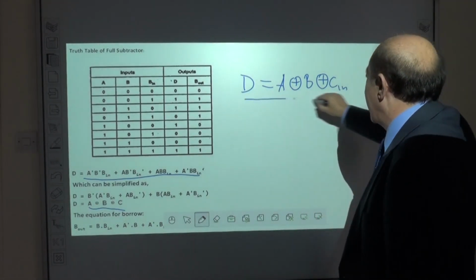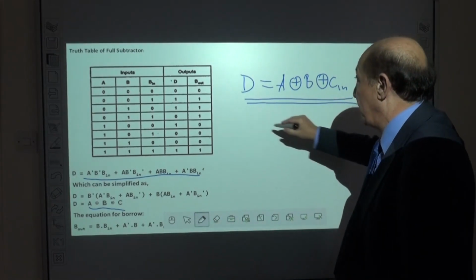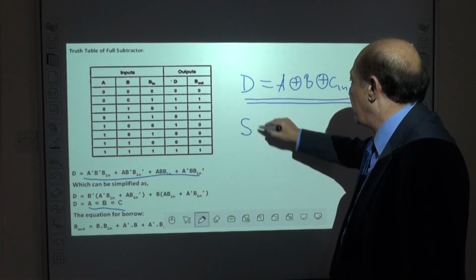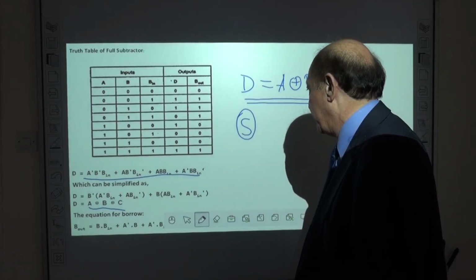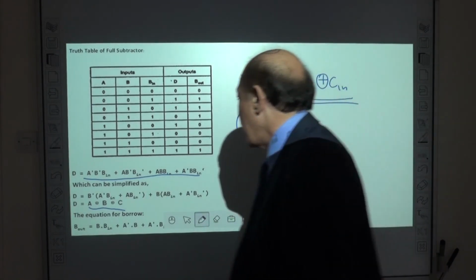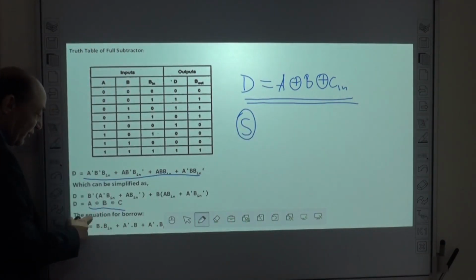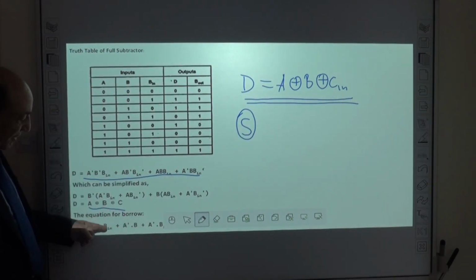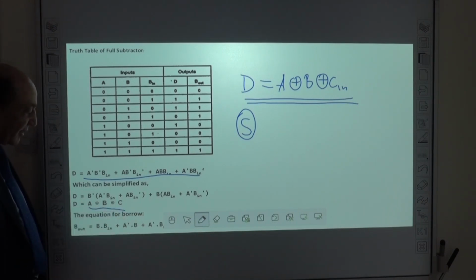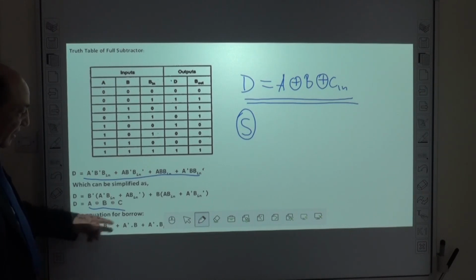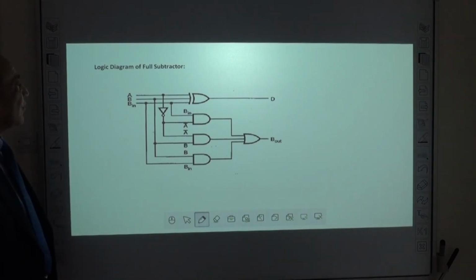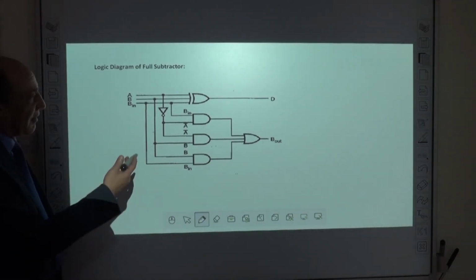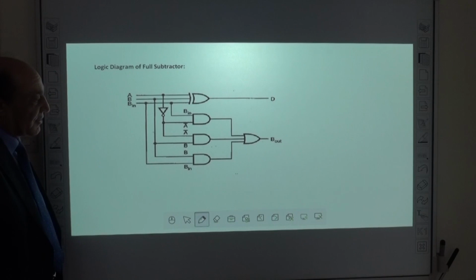We should note that this is the same expression as for the sum in full adders. The equation for borrow out is Bin'... or A'B or A'B'. This is the logic circuit for full subtractors.